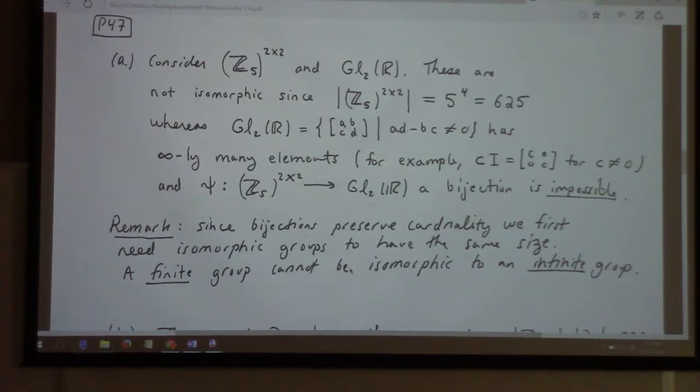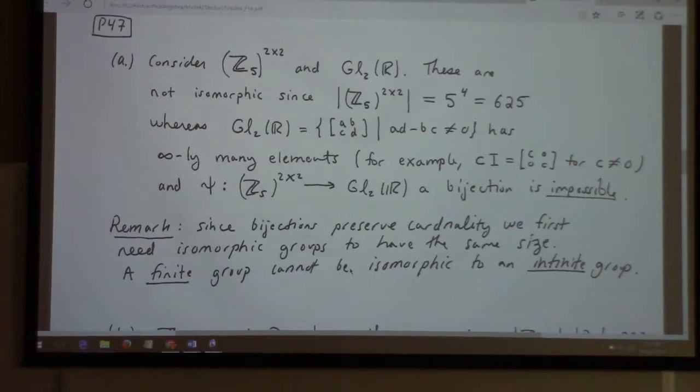All right, so 47, what are we supposed to do here? I think we're supposed to show these are not isomorphic, right? Now this one is wonderful because here we have a finite group. It's got a lot of things in it, 625, right? Because you've got 4 spots to fill, and each one has 5 possibilities, and there are no limitations.